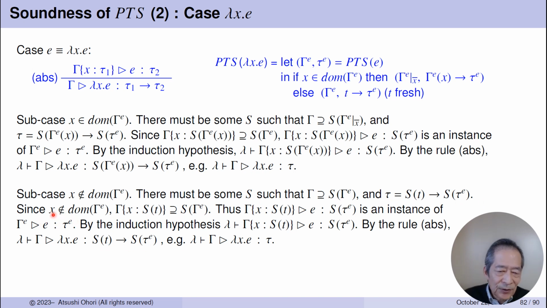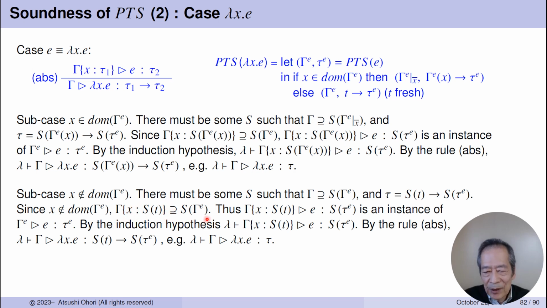But since x is not in the domain of gamma E, if we extend gamma with x, S T, this type environment is still a superset of S of gamma E, because this gamma E doesn't contain x, so this addition doesn't matter.